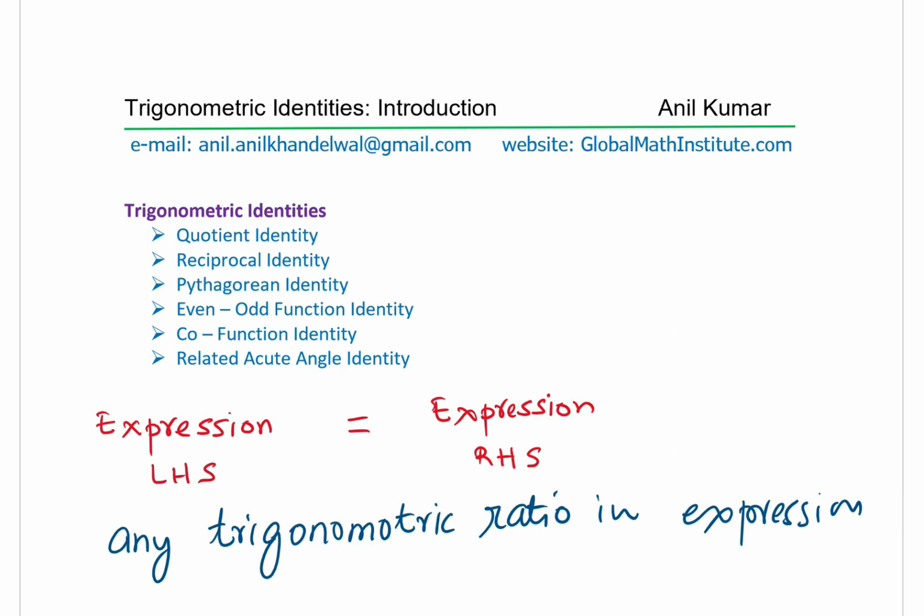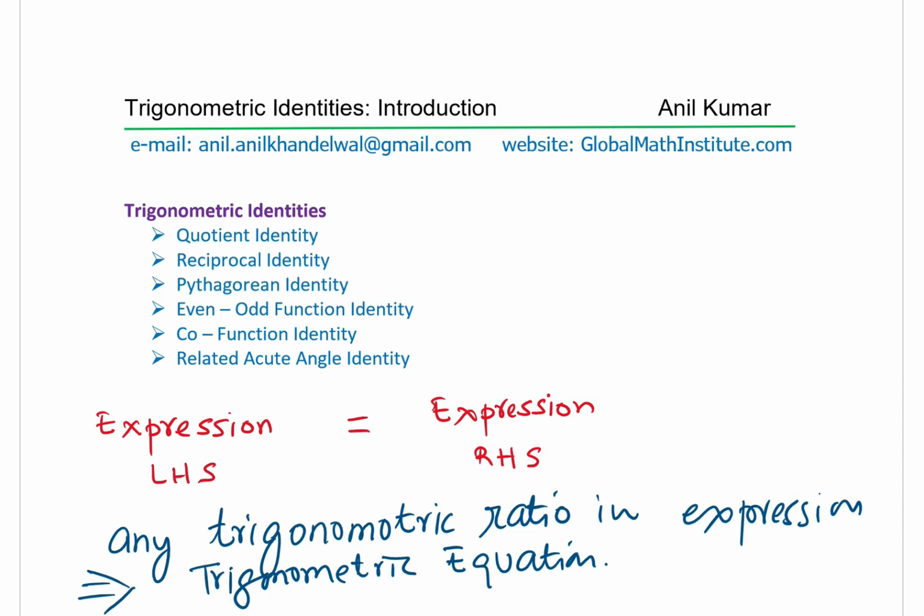So if we have any trigonometric ratio in an expression, this will be treated as a trigonometric equation. Correct? Just as we were talking about algebraic equations in general, right? So if we have a trigonometric ratio in an expression, in that case we'll call it a trigonometric equation. And if that equation is an identity, we'll call this a trigonometric identity. Correct?